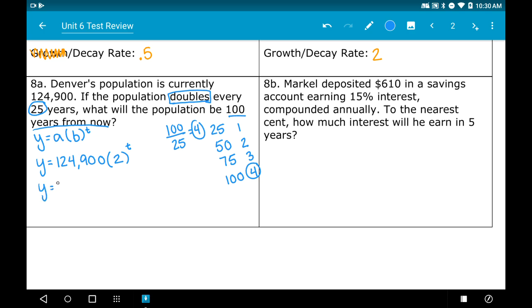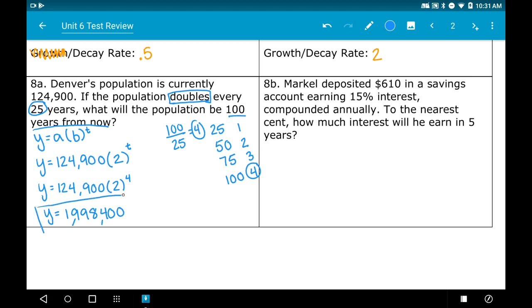So y equals 124,900 times 2 to the power of 4. Now if we put that in our calculator, you will get y equals 1,998,400.